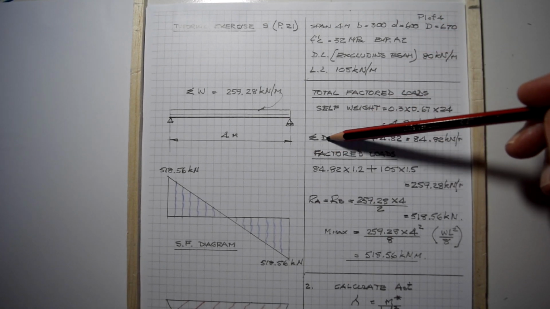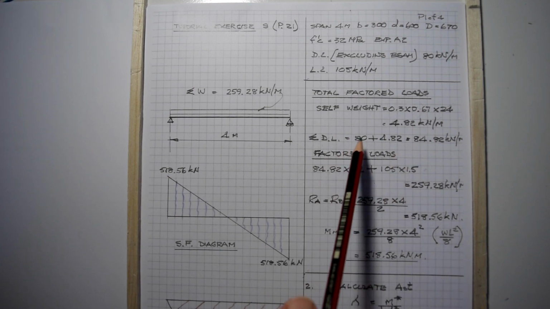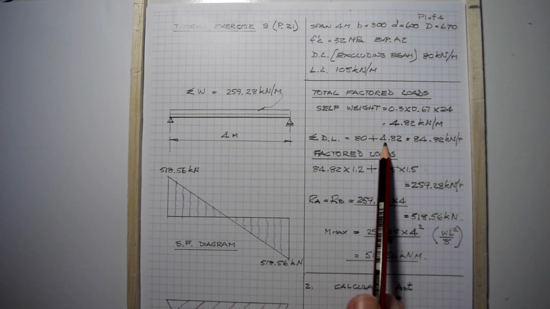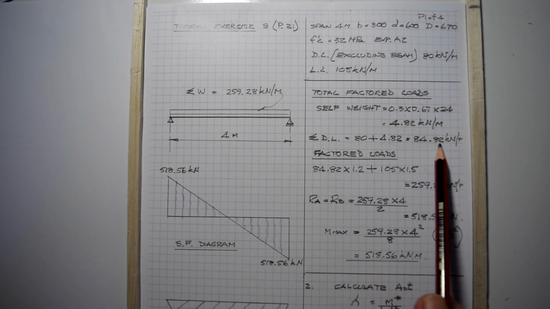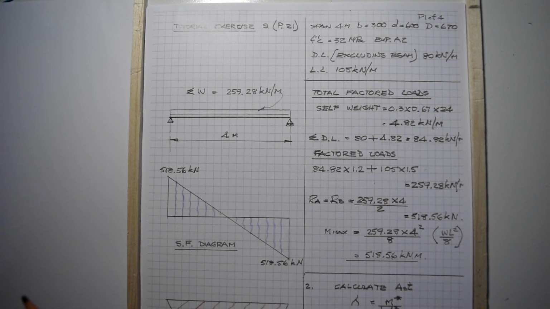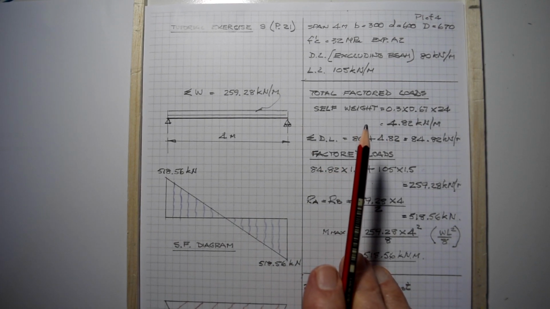So your total dead load then is the 80 that's been given to you up here, plus the self-weight of the beam, 4.82, which gives you a total dead load of 84.82 kilonewtons per meter. We now factor the loads in terms of limit state.